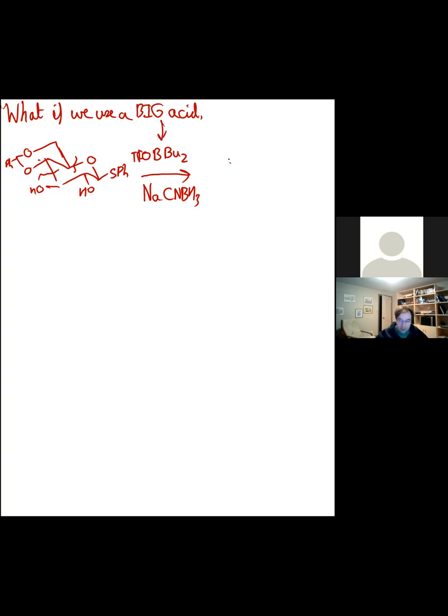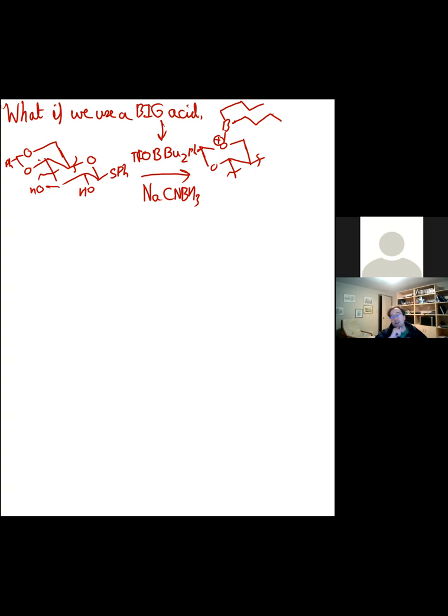So now if we're looking at this guy, that's huge. And so now we've got this huge boron, these big wavy butyls. And by butyl, I mean propyl, apparently. Well, if I'm sodium cyanoborohydride, I know who I'm kicking off now.